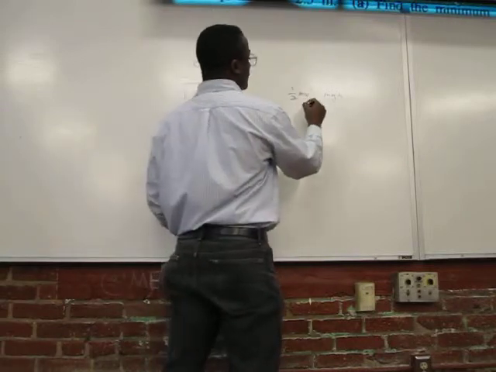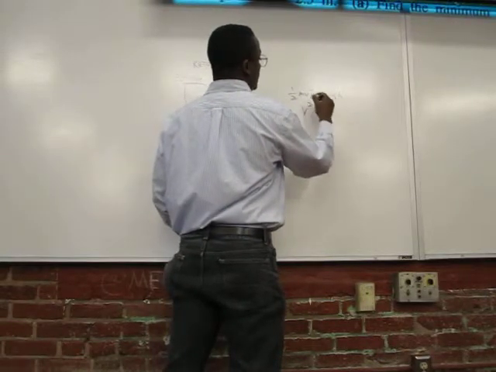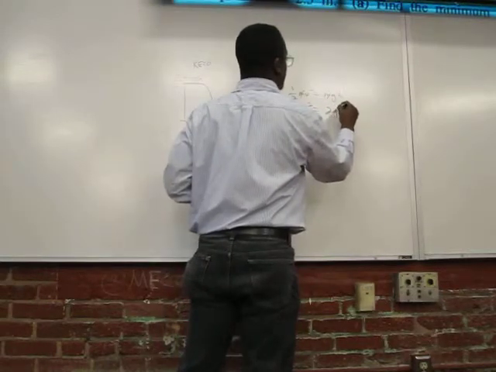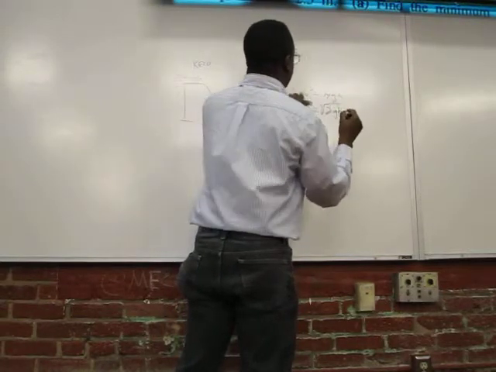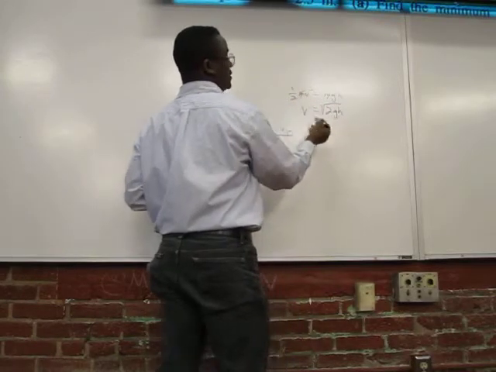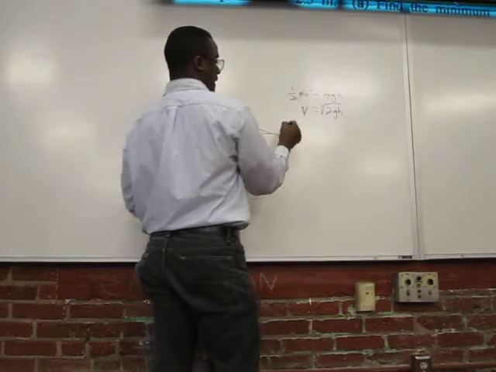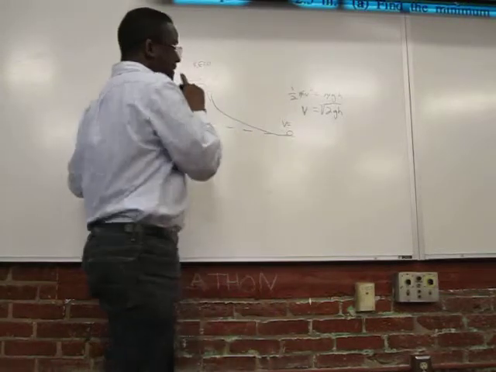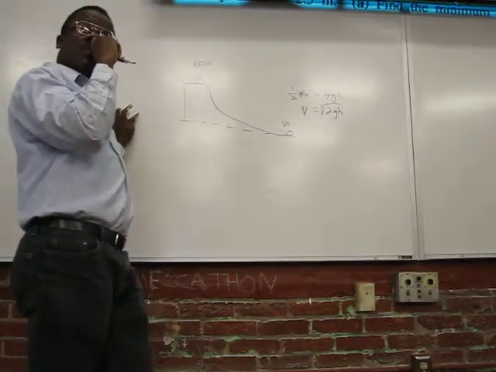I can just solve this for v. The m's cancel, and I get the square root of 2gh. That is the velocity at the bottom of the hill. So that's how it's solved in the gravitational picture.